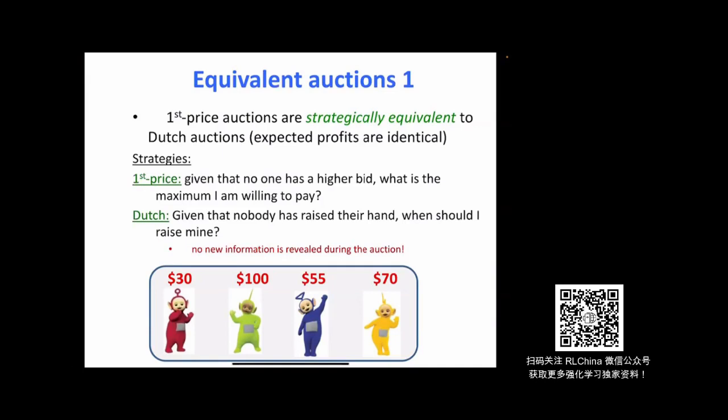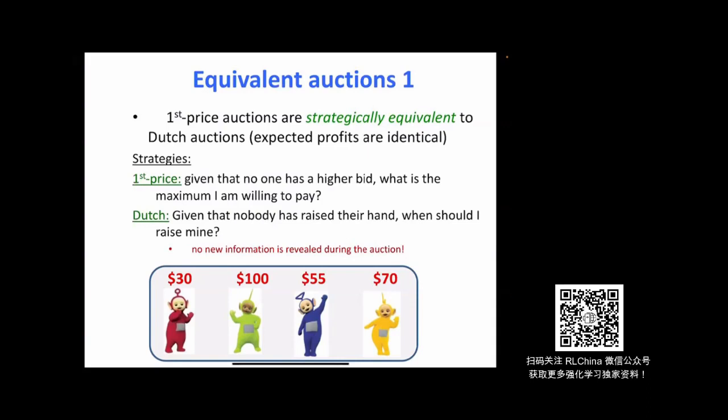So we need to make an assumption that in the first prize auction, no new information is revealed during the auction, because in the Dutch auction, before that happens, nobody really reveals anything. That's fine. But the first prize auction is like an open cry case. You might be heavily influenced by emotion or by the behavior of others. So that's not taken into account.